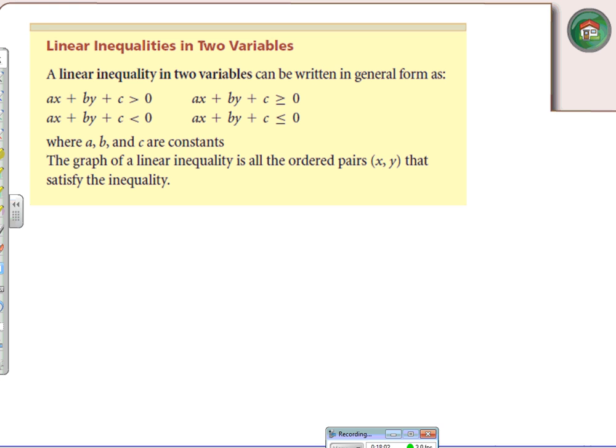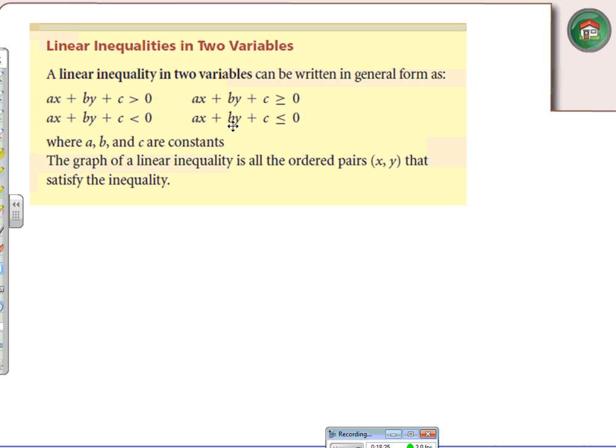A linear inequality with two variables, x's and y's, we can write in its general form. But I always encourage you to take it into slope-intercept form, with y on one side. It's a lot easier to do all the work, and then you can just follow your little rule of greater than being above the line, less than being below.